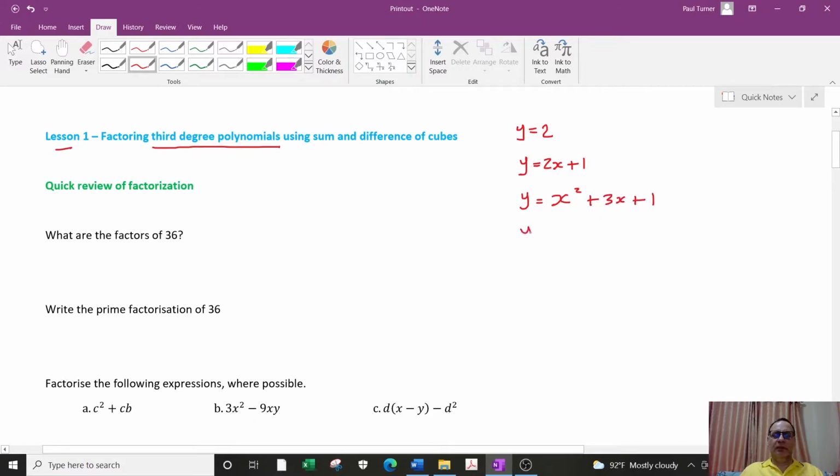Another one, y equals x cubed minus 2x squared plus 5. These are all examples of polynomials.